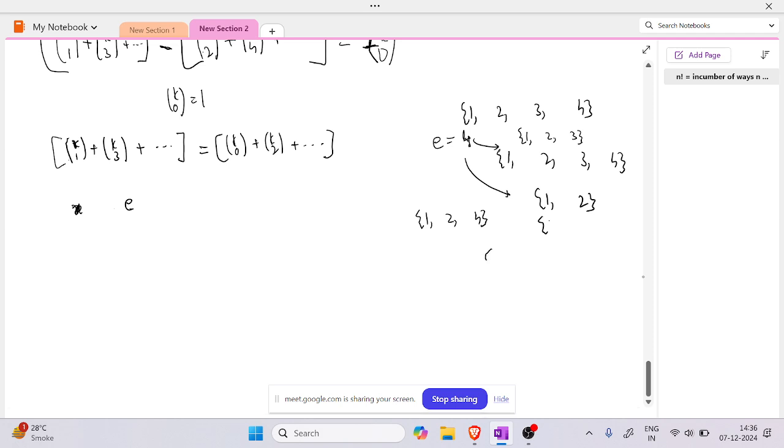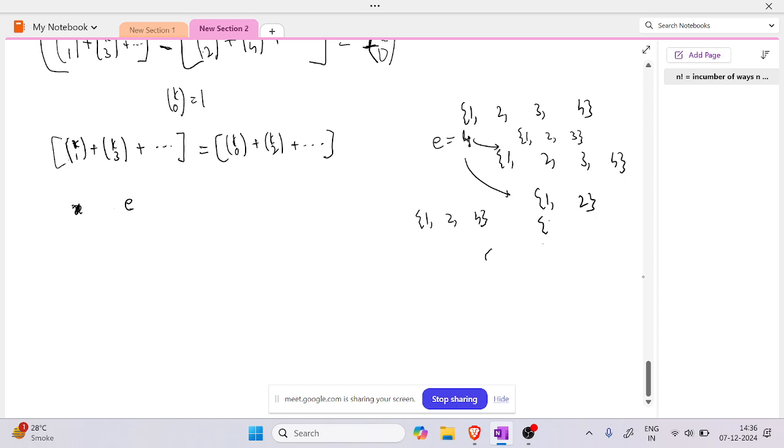Basically you can show that this process always produces a unique subset, and the key part is that it always produces a subset of odd cardinality, because either adding an element or removing an element from a subset of even cardinality will change its parity no matter what. So it becomes a subset of odd cardinality, and it still remains a subset, because when you remove something from a subset it obviously remains a subset.